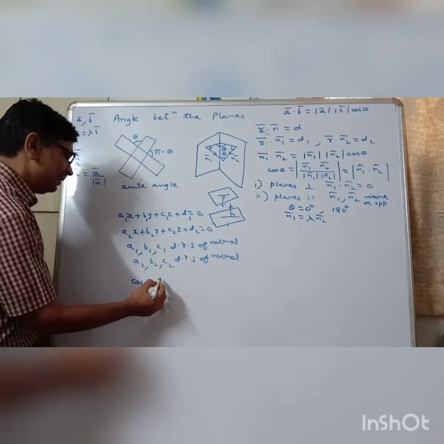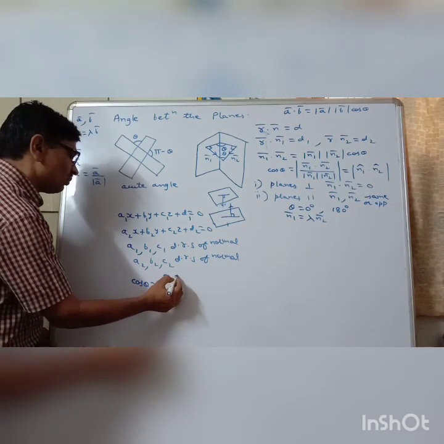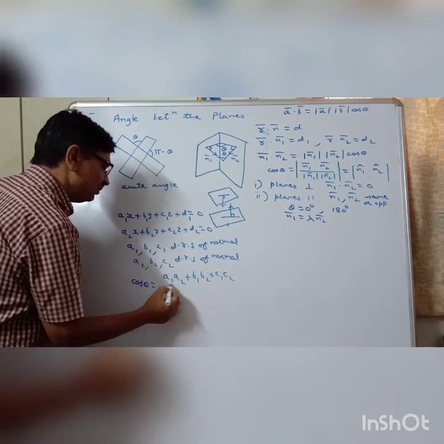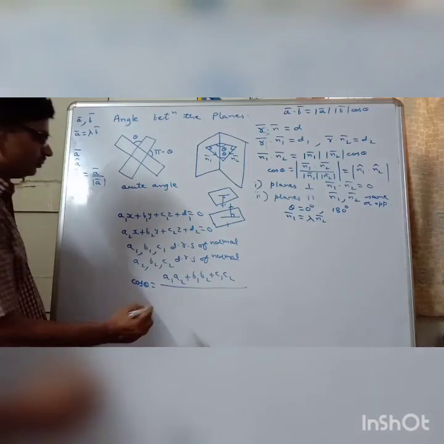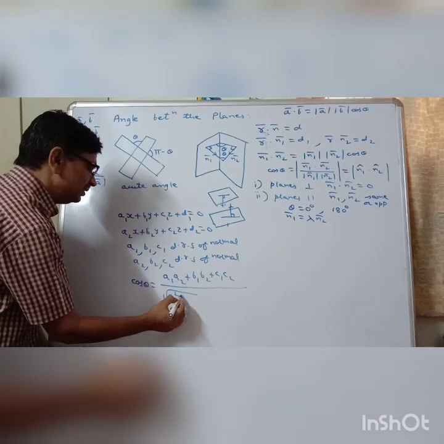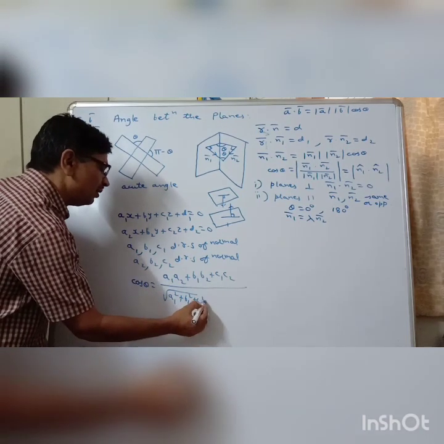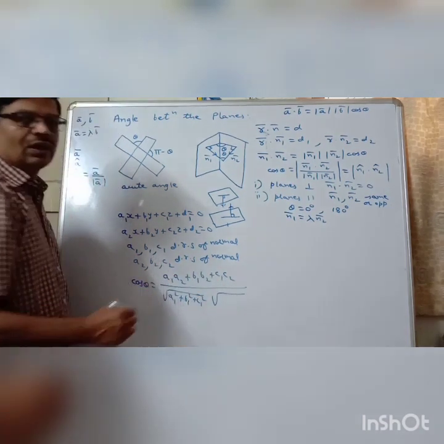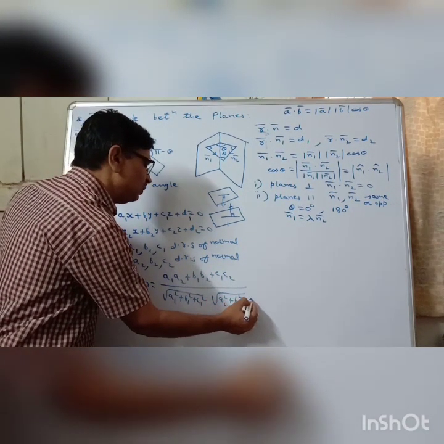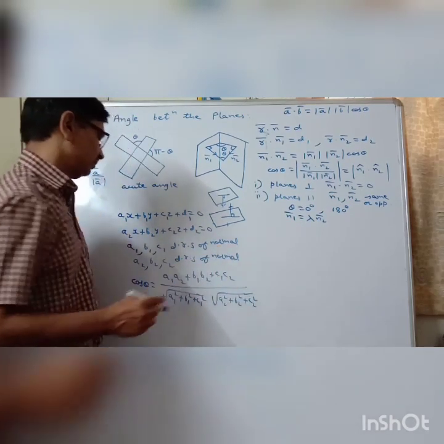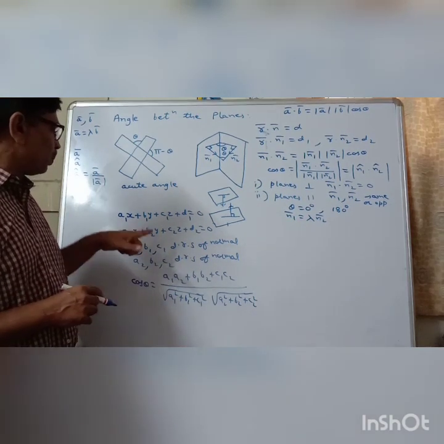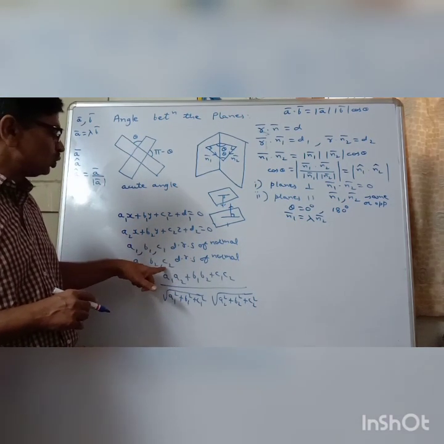cos theta is given by a1 a2 plus b1 b2 plus c1 c2 divided by under root a1 square plus b1 square plus c1 square, under root a2 square plus b2 square plus c2 square. Numerator is the sum of products of direction ratios of the two lines.